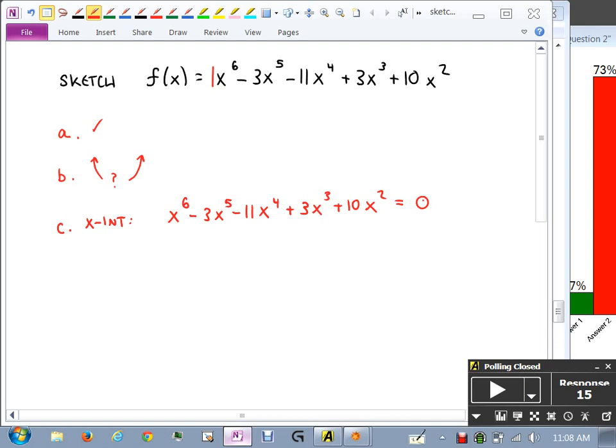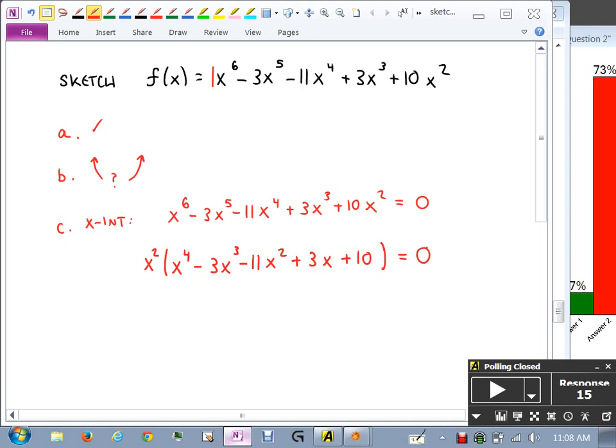GCF, greatest common factor. See if there's something common to all the terms. They all have an x squared, right? So let's pull that out first. x squared times x to the 4th minus 3x cubed minus 11x squared plus 3x plus 10 equals 0.